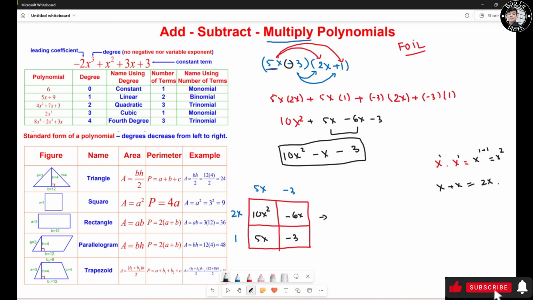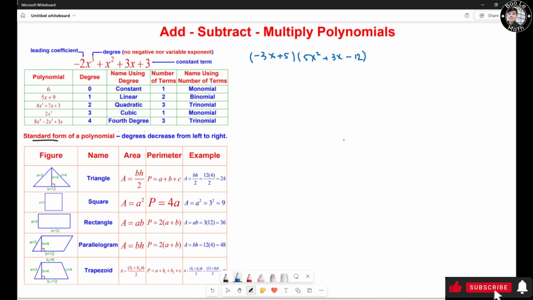So I need to rewrite this in the standard form of polynomial, which means decreasing degree from left to right, right? So the highest degree is 10s squared. I need to write this one first. Now next one, negative 6s plus 5s is going to be negative s. And the last one, negative 3, I will write right here. And this is the final answer, right?